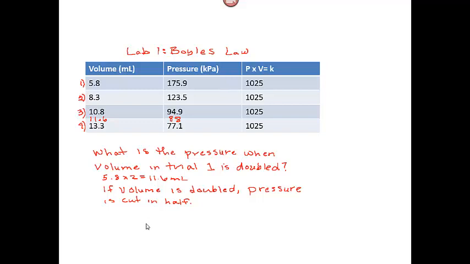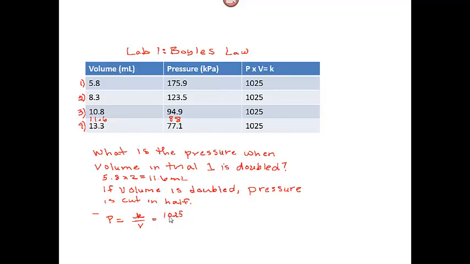But we can also check our answer. We can actually put this into the equation that we just used, where we can say pressure is equal to your K divided by the volume, to see if our math supports it. Because if the math supports what we just did here, we can feel pretty sure that we're right. So we're going to have to use a K. Now this time our K is 1025. And we actually calculated that in the lab. Yours might have been a little bit different, but it was around this number. Maybe you had 1030, maybe even 1050, and you may have even had a value that was not even 1000.